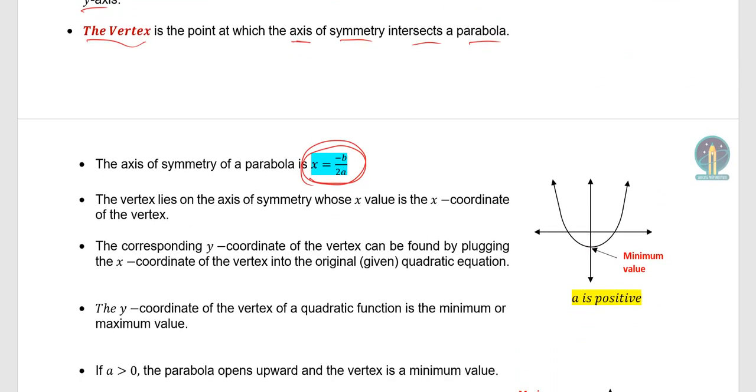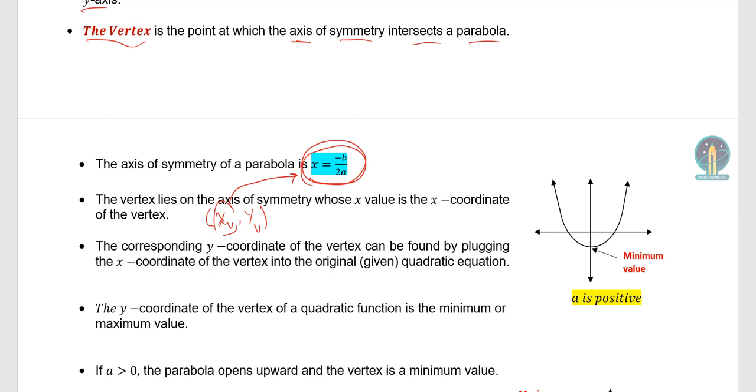Now, the vertex lies on the axis of symmetry, whose x value is the x-coordinate of the vertex. So the vertex is some point with coordinates x of the vertex and y of the vertex. The x of the vertex is the same as the equation for the axis of symmetry.